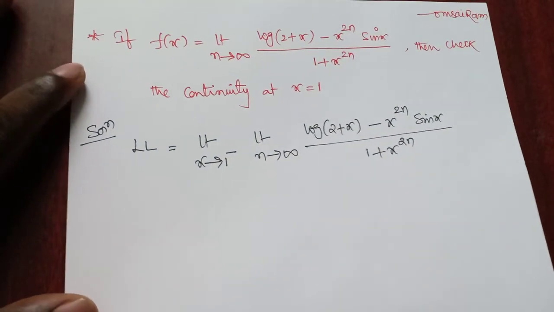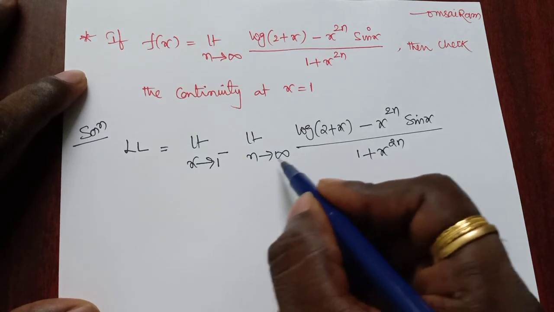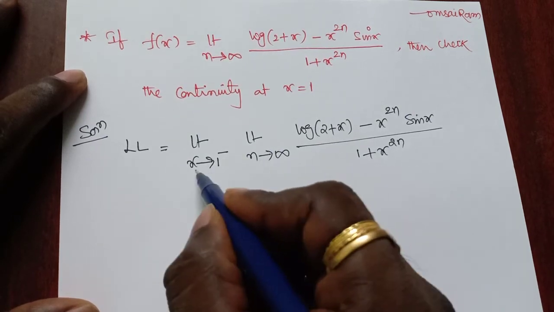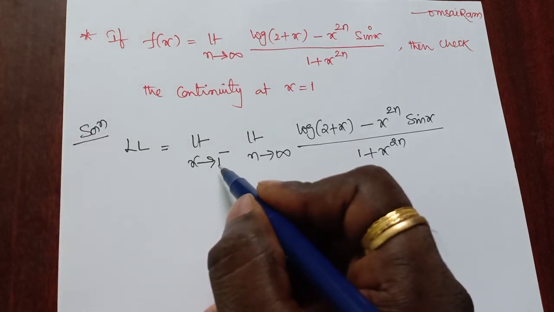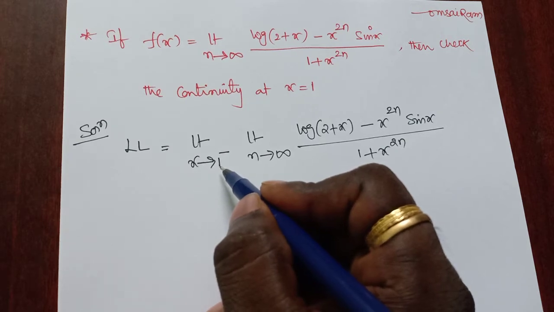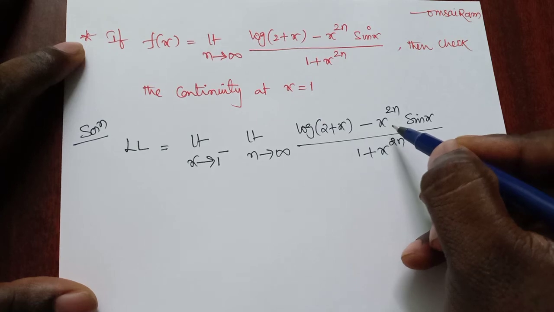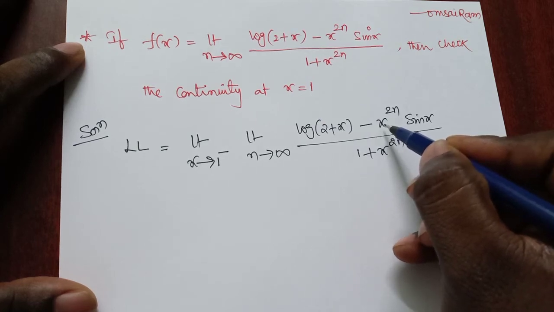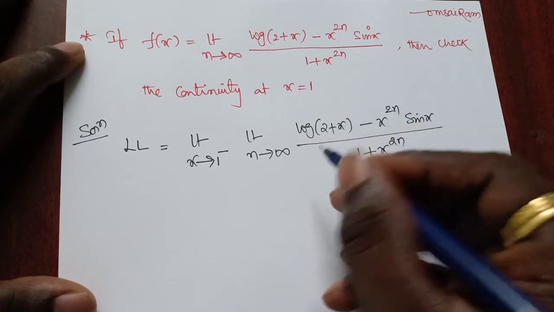Now see here we have two limits. The first one is n approaches infinity, a very big number, and x tends to 1 minus. So very left of 1, that means 0.99 and so on. It is a fractional value. A fractional value to the power of infinity.